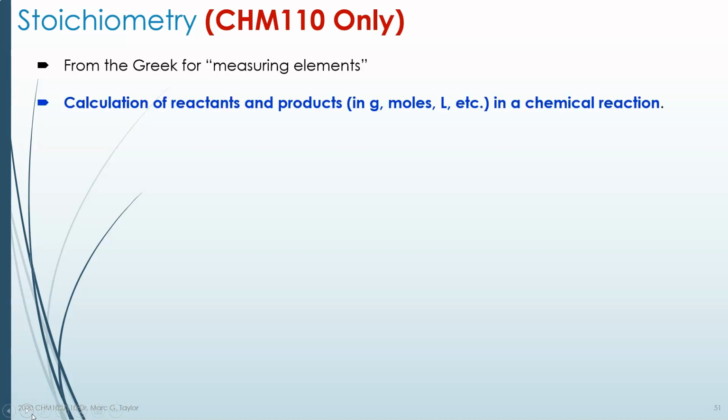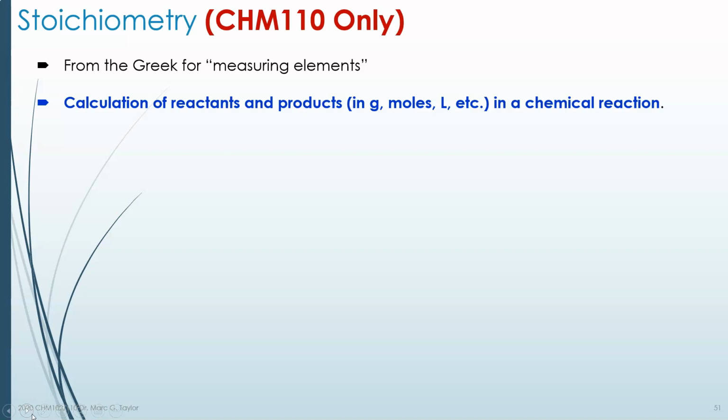Okay, and this is basically the method of calculating how much reactants or products you will either need or will produce in a chemical reaction if somebody gives you the amount of any other reactant or product in that chemical reaction.